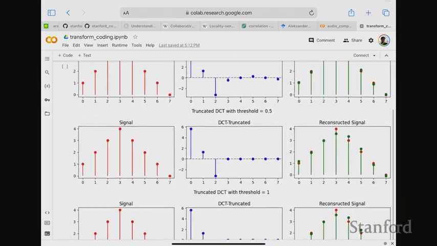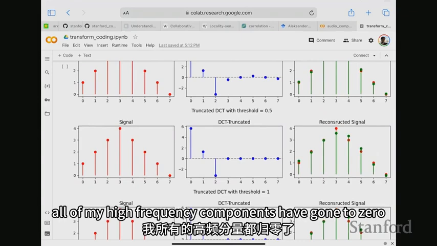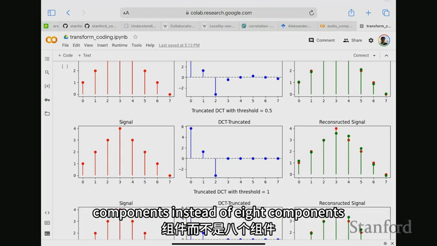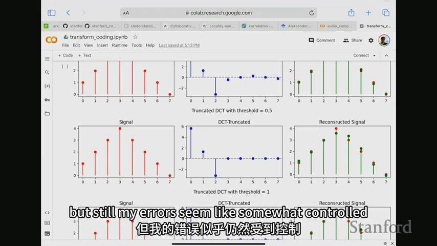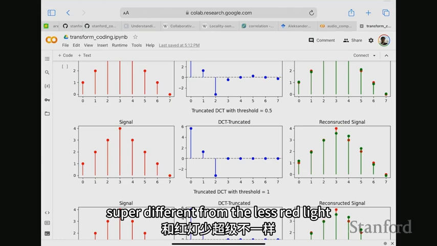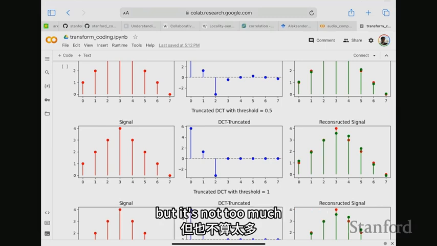Now you see at 0.5, all of my high frequency components have gone to 0. And I'm actually just keeping 3 components instead of 8 components. But still my errors seem somewhat controlled. It's not really that the green signal looks super different from the red, right? Obviously, you are introducing distortion, but it's not too much.